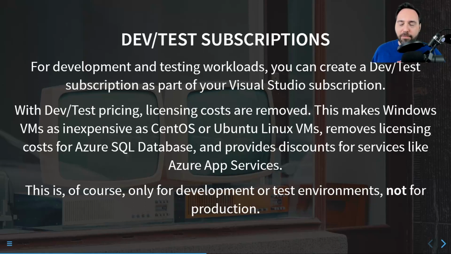Well, if you're using dev test pricing, those licensing costs go away, which makes your Windows VM the same price as your Ubuntu VM. It removes the licensing cost from Azure SQL Database, and it'll provide some discounts for other platform as a service offerings. Now, the kicker is you can only use it for dev and test environments. You cannot use it for production. Hence the name Dev Test Subscriptions.